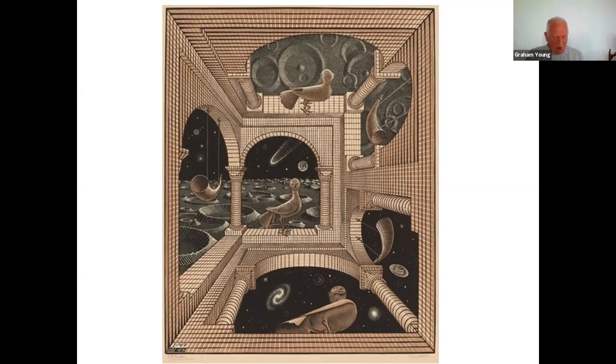But what happened in 1977? Things began to change. The first thing that really excited me was that rings were discovered at Uranus, so Saturn wasn't the only ringed planet in the solar system.